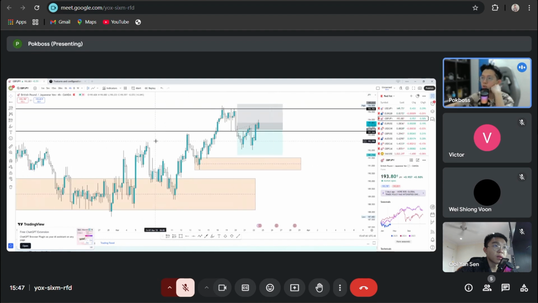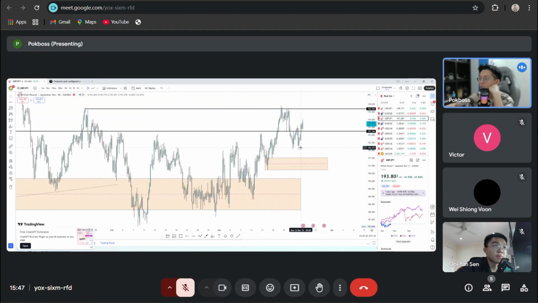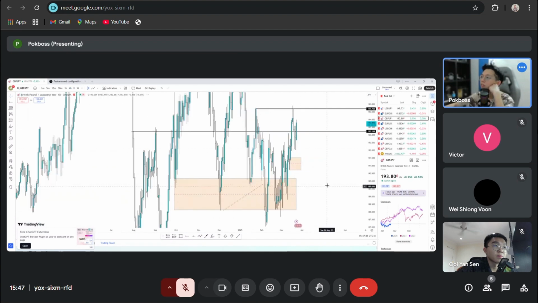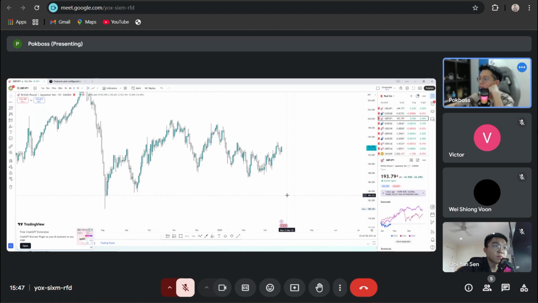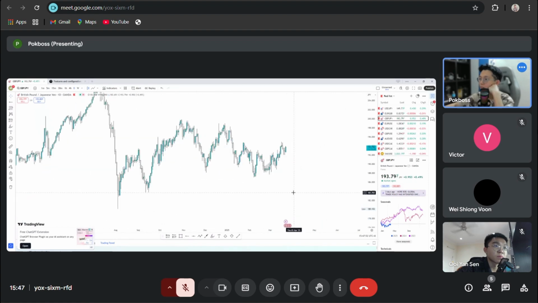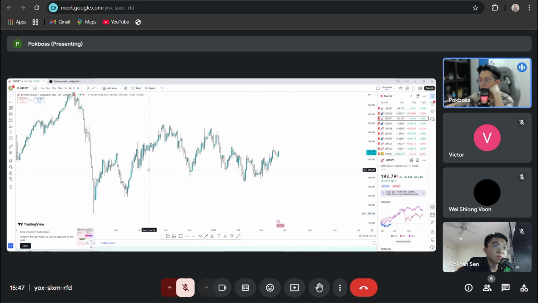Okay, let's see GBP JPY. You can clearly see that here is a support zone, from here to here.